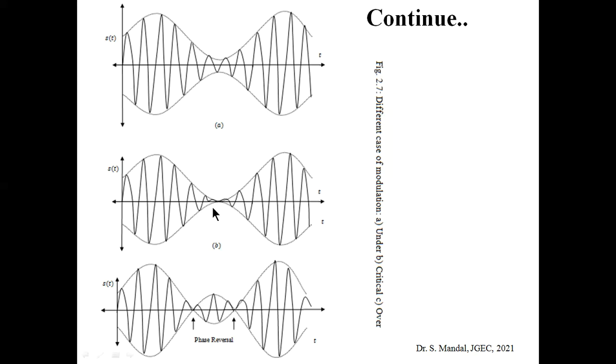So you can see that here the envelopes touch each other, and at that point the carrier amplitude is 0. So this is basically the critical modulation. Though this is the critical modulation, there is no phase reversal at this point, and the message is not lost yet. That means the envelopes touch each other, but they are not distorted. They do not overlap with each other. So until they overlap, the information has been transmitted properly, or there is no loss of information.